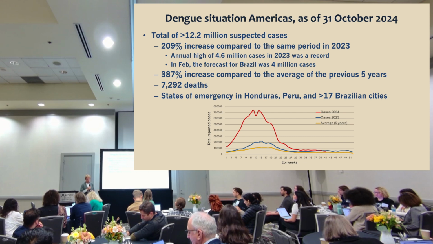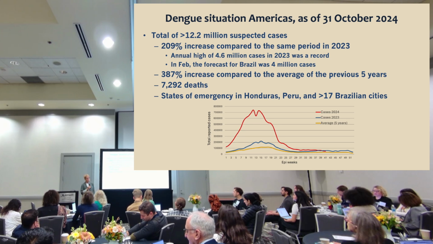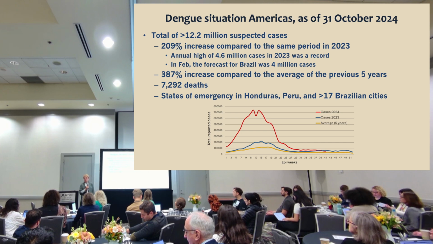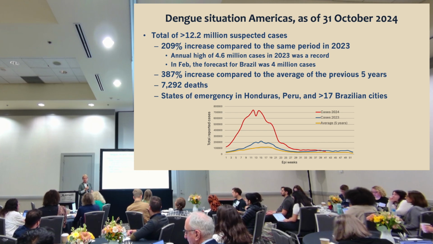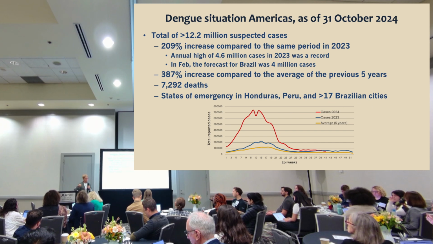And when the temperatures are warmer, there's more mosquitoes. You increase the intensity of transmission. And as you can see, states of emergency were declared in Central and South America because of the number of cases.